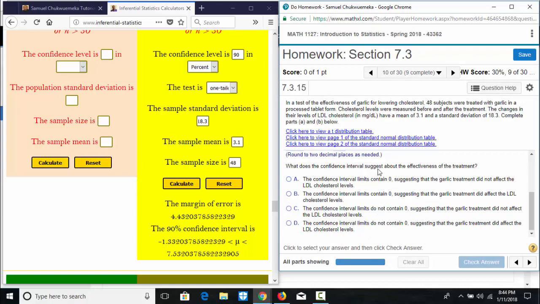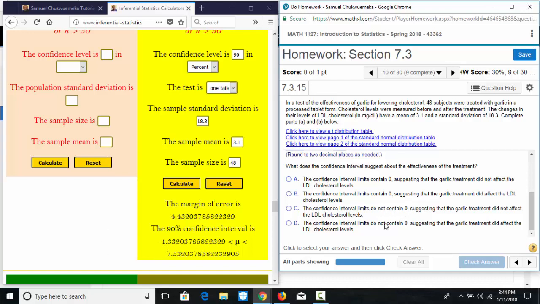What does the confidence interval suggest about the effectiveness of the treatment? Let's look at the options. A. The confidence interval limits contain 0, suggesting that the garlic treatment did not affect the LDL cholesterol levels. B. The confidence interval limits contain 0, suggesting that the garlic treatment did affect the LDL cholesterol levels. Then C and D, we eliminate them because C and D say the confidence interval limits do not contain 0.